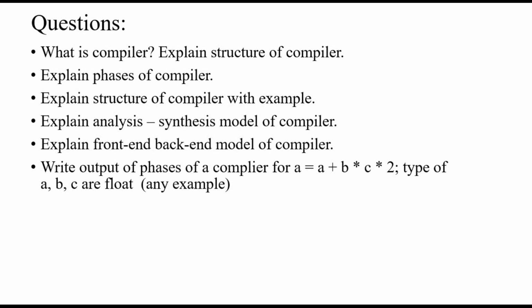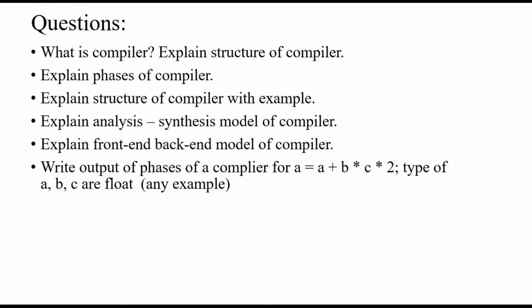So in your exam, which types of questions are asked? First is what is a compiler, then explain the structure of a compiler. You have to write the definition of a compiler, then explain the structure of a compiler from source program to target program with all the phases. Explain the phases and structure of a compiler with an example. In this video we have considered the example position equal to initial plus rate into 60.